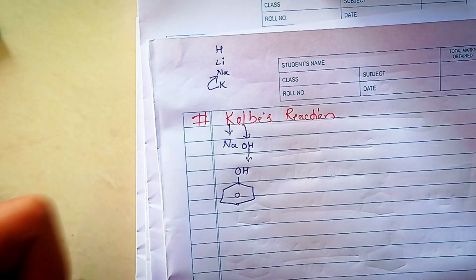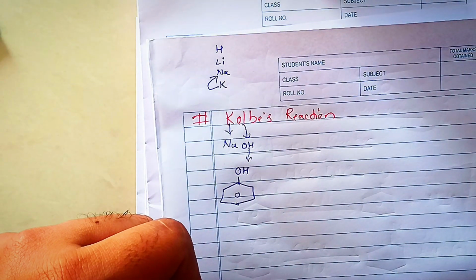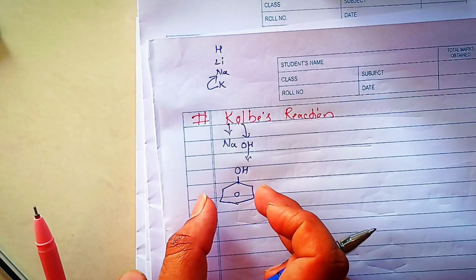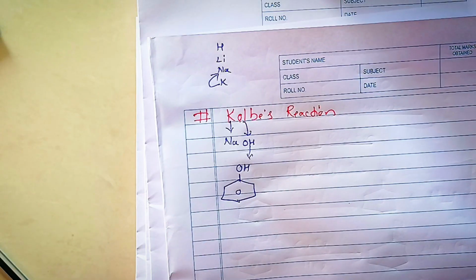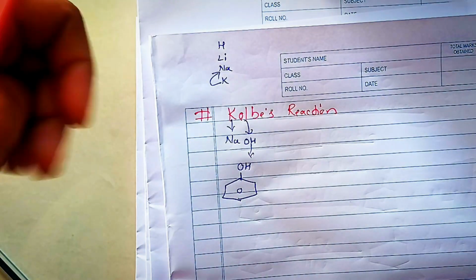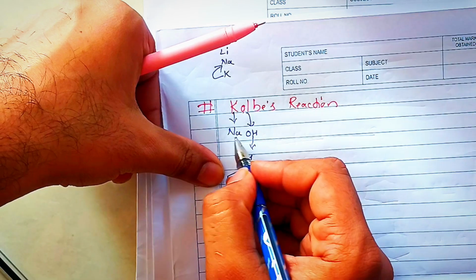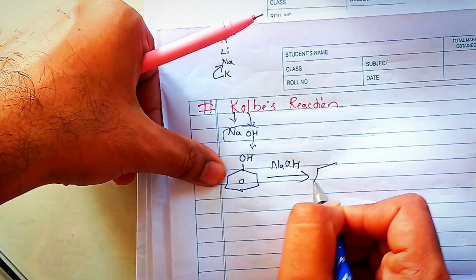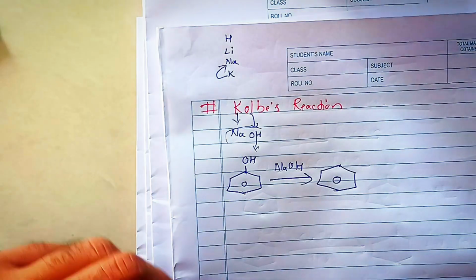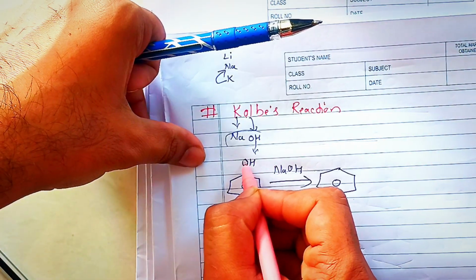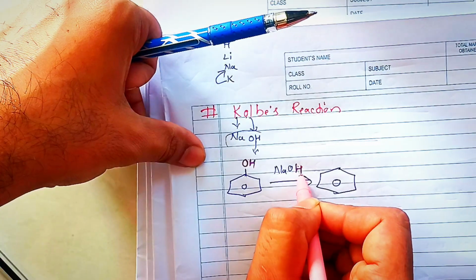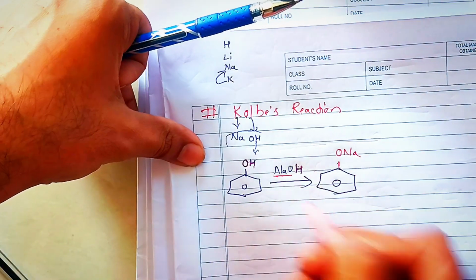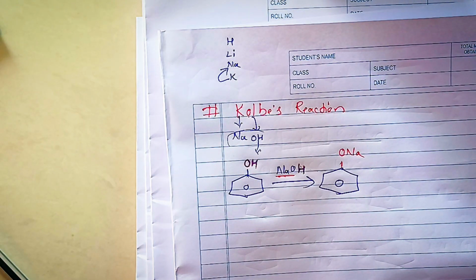So in the cumene reaction the product will be identified easily because it will be a phenol, and here the reactant will be phenol, right? Then we can add this NaOH, right? Then the removal of water will take place and we will get ONa here. This will be attached here, okay?